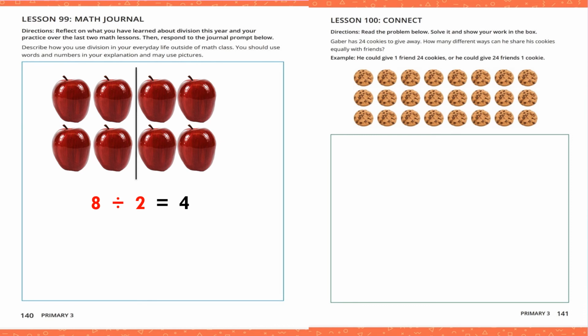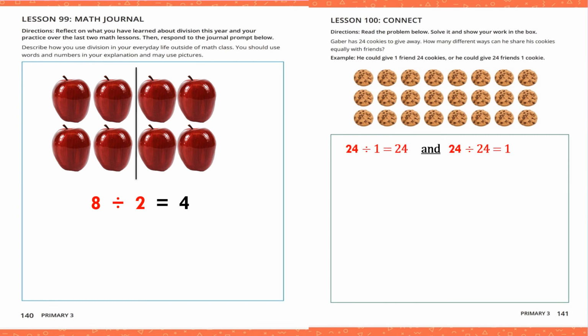The next page, lesson 100. Gabor has 24 cookies to give away. How many different ways can he share his cookies equally with friends? He could give one friend 24 cookies, or he could give 24 friends one cookie.